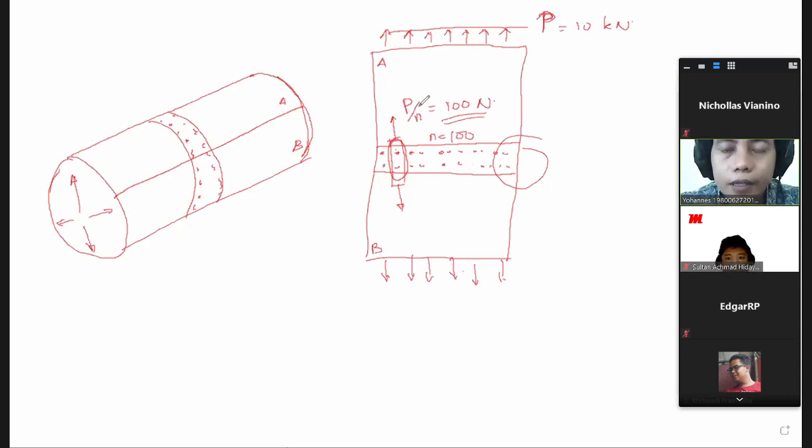And here the pitch becomes important, okay? Because we call this one pitch area. We make the calculation only in a single pitch area. No need to do calculation in the overall area.